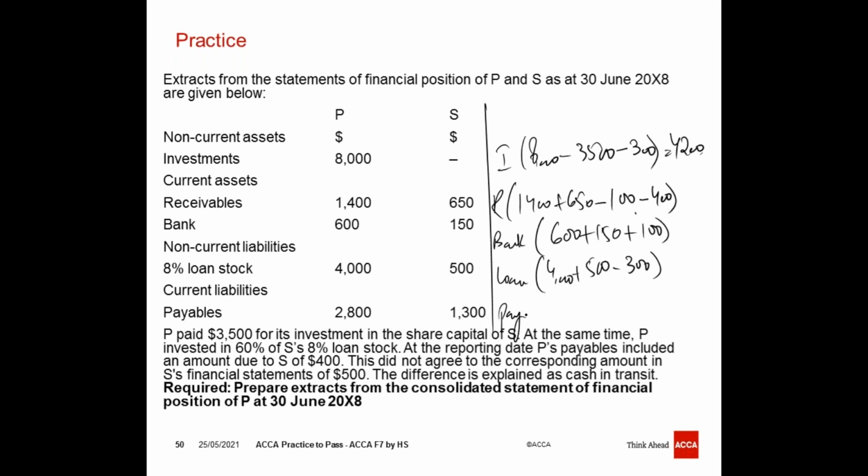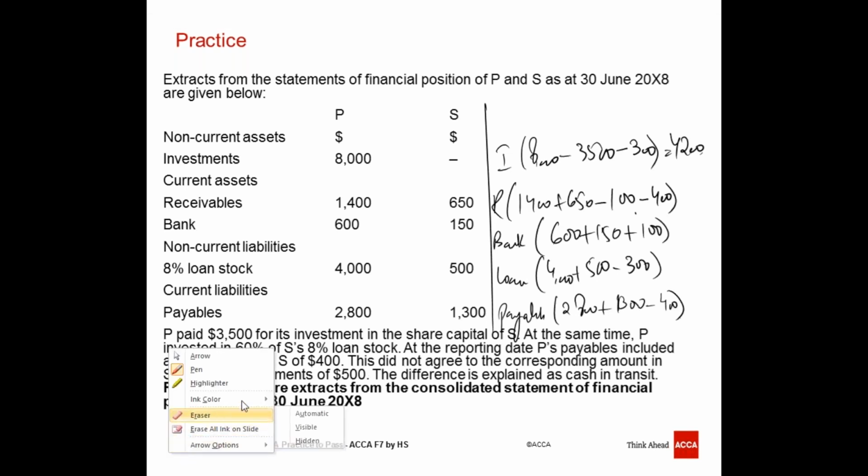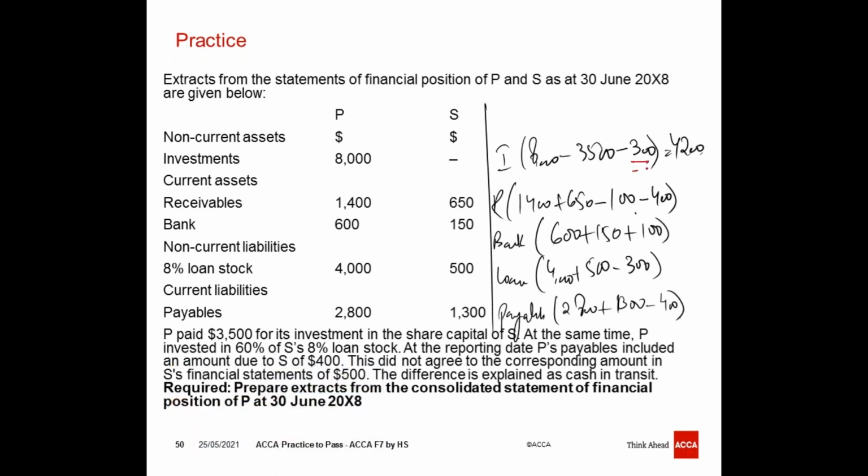For the payables, the amount should be 2,800 plus 1,300 minus payable of 400. So this amount and this amount should be the intercompany investment and loan.